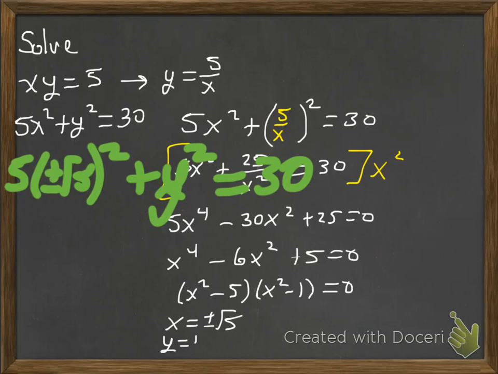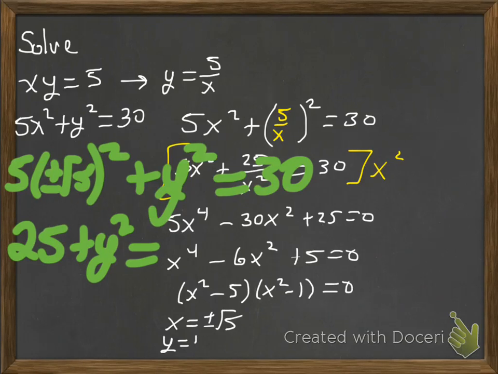Well, then plus or minus square root of 5 squared is just going to become 5. 5 times 5 is 25. So 25 plus y squared is equal to 30. We'll subtract 25. y squared is equal to 5. And then we would take the square root, so the y would be, in fact, plus and minus square root of 5 also.